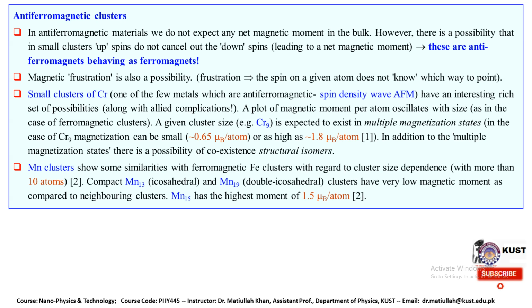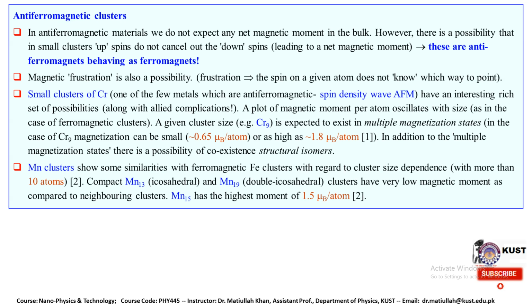So what happens in this material, magnetic frustration is also a possibility. That is actually the spin on a given atom does not know which way to point. So if we consider a small cluster of chromium, that is one of the few metals which are antiferromagnetic, it has an interesting rich set of possibilities.